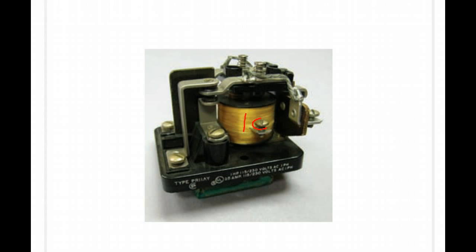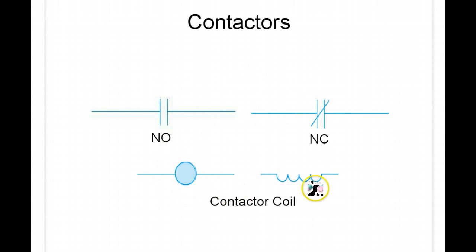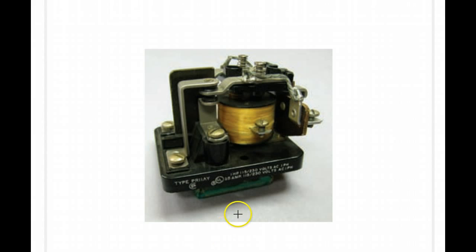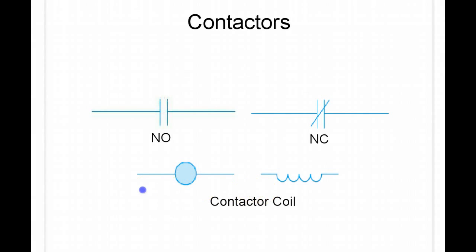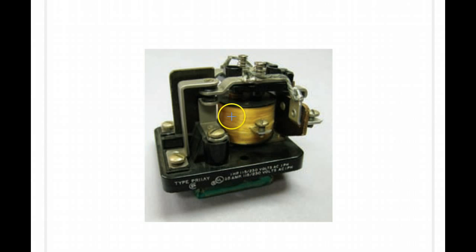Let's take a look at the inner view of a relay, and we're going to compare it to the schematic symbols that we just talked about. Alright, so the first thing we'll take a look at is the coil part of the relay, and that's right here, and it's just a coil of wire around a core.